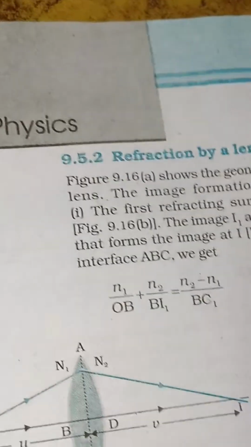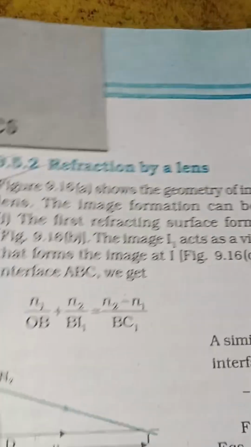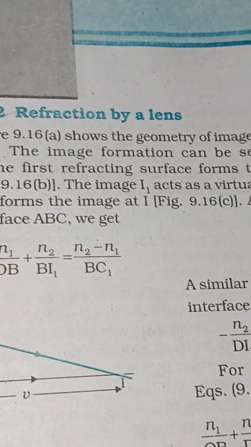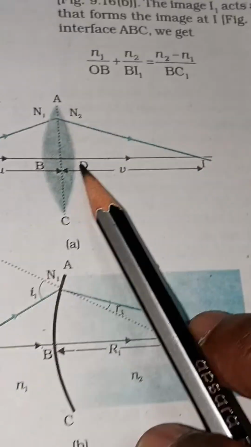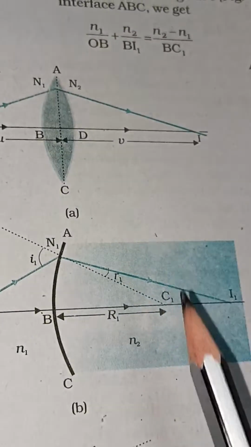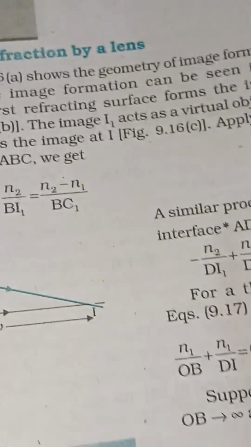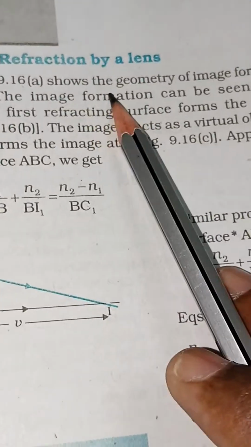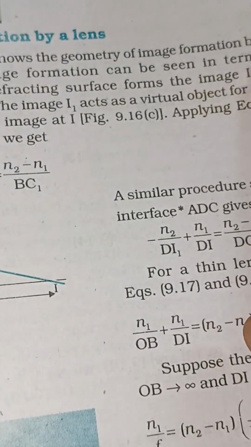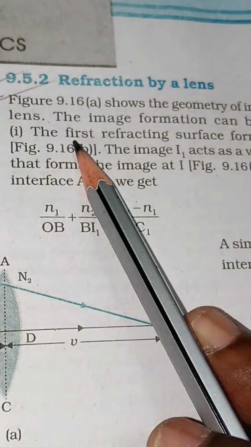The next subtopic is refraction by a lens, and this is the figure. Now figure 9.16 shows the geometry of image formation by a double convex lens.